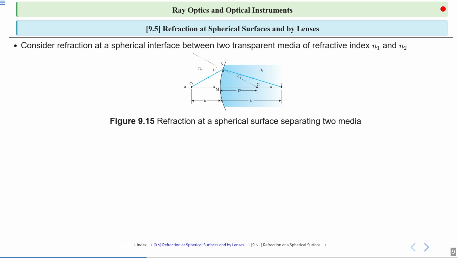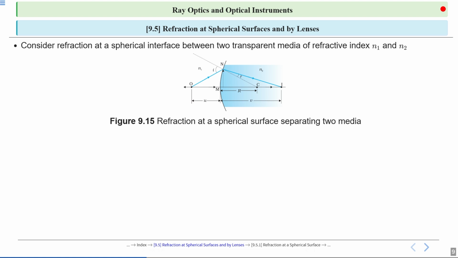We take some assumptions while deriving the expression for this spherical surface. The object and image are point sized. The angles made by the incident ray and refracted ray with the principal axis, and the angles of incidence and refraction, are all very small angles.